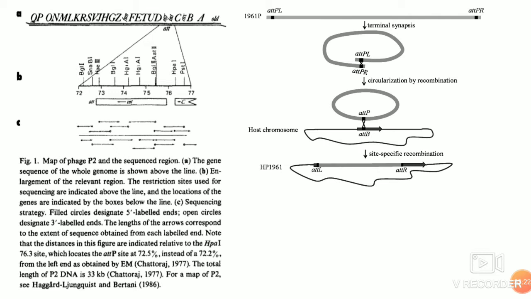The lysogenic state of P2 is promoted and maintained by the C repressor. It is a 99 amino acid polypeptide and binds to only one operator region, which regulates the expression of early genes, that is COX, B and A also.